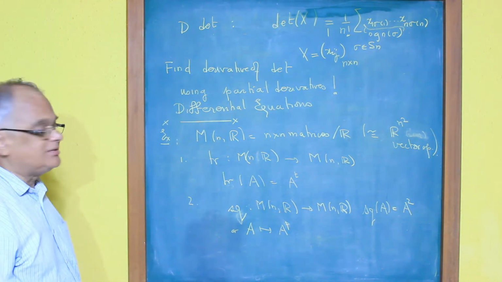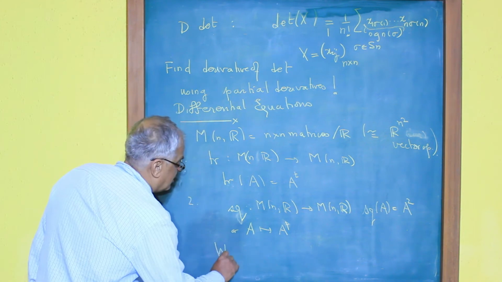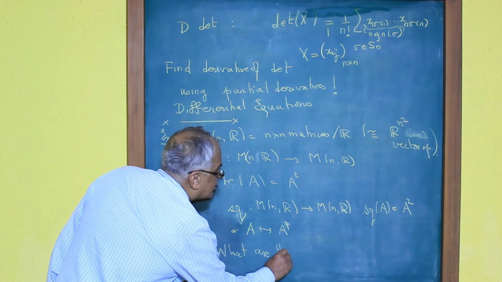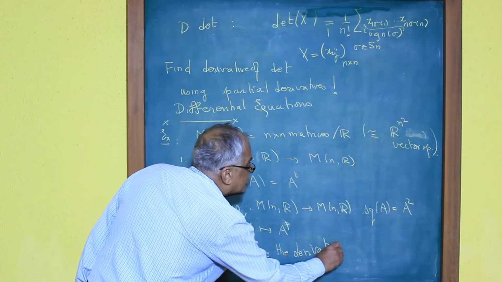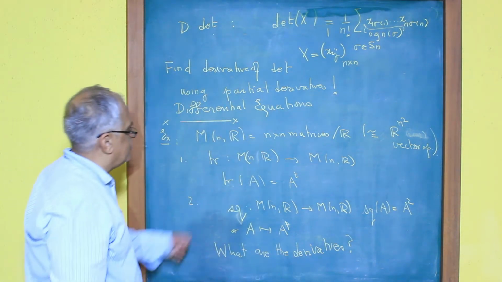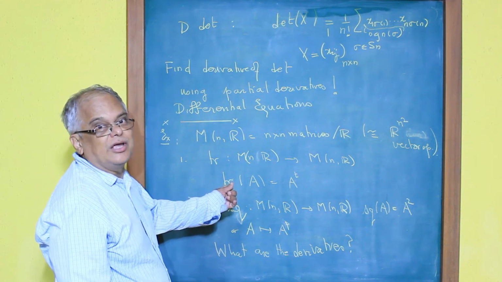The question is, what are the derivatives of these maps at a point? Now, this first one is something that you should immediately know what to do. Okay?